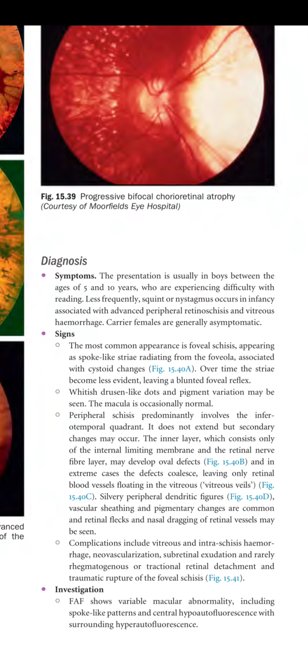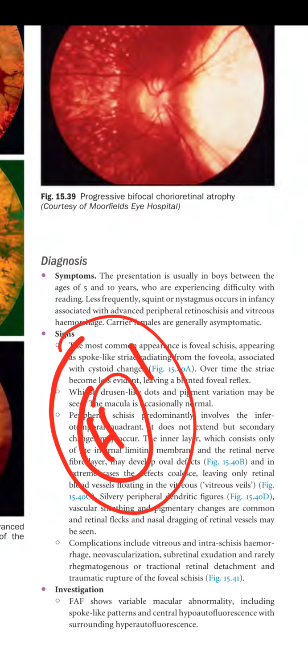Investigation: FAF shows variable macular abnormalities including a spoke-like pattern and central hypoautofluorescence with surrounding hyperautofluorescence. So there will be a macular abnormality consisting of a spoke-like pattern, with central hypofluorescence and surrounding hyperfluorescence.